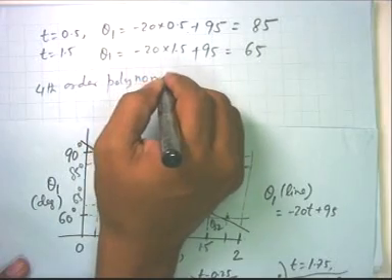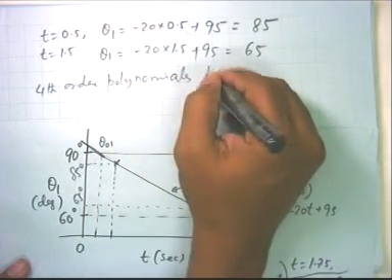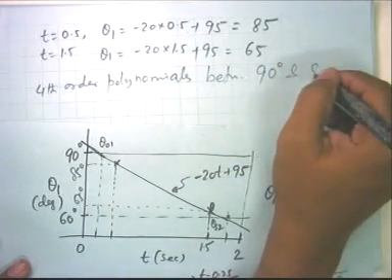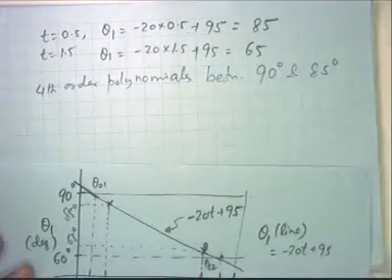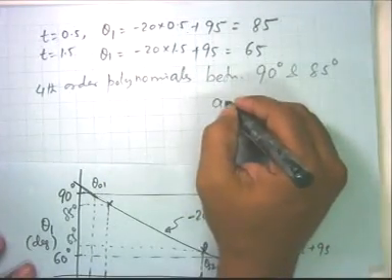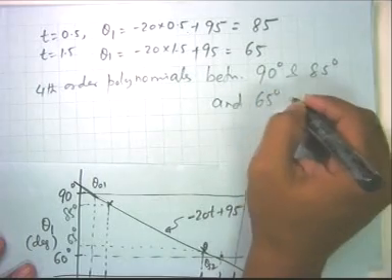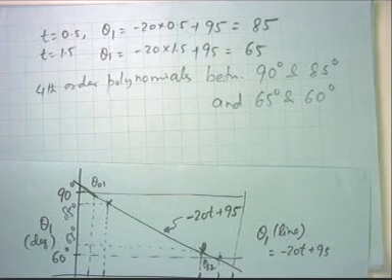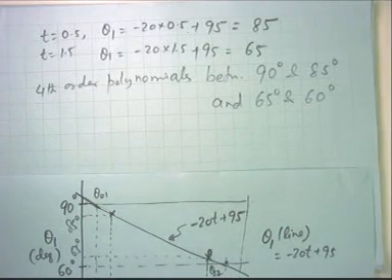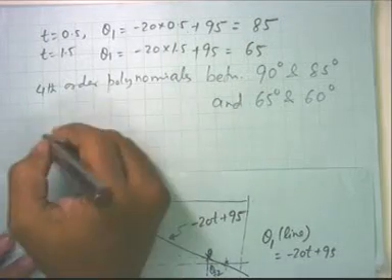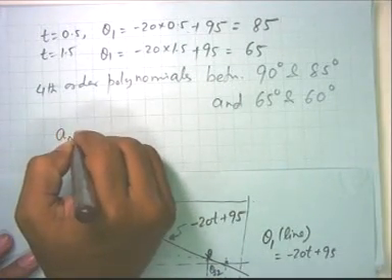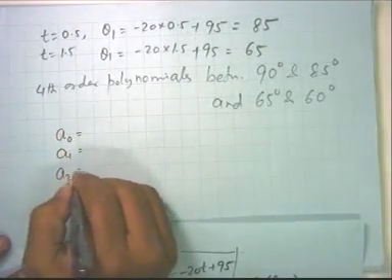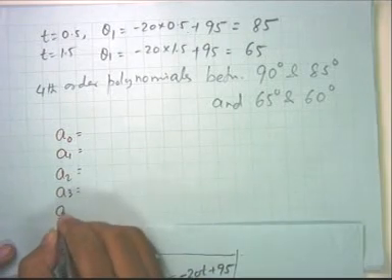Okay. So, now we want to draw fourth order polynomials between 90 degree and 85 degree, and between 65 degree and 60 degree. Now we use the same methods as I have explained, and we will be able to calculate A0, A1, A2, A3 and A4.